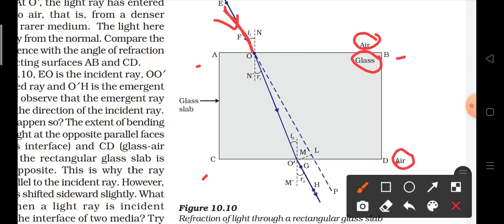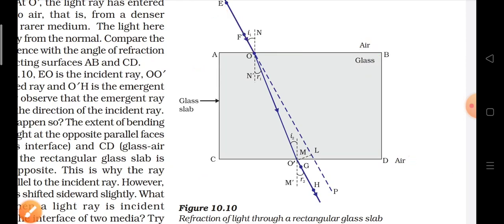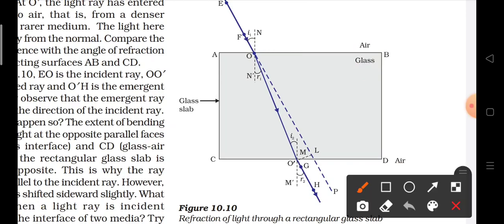For the light ray coming from the air and entering the glass, we should remember that we first draw the normal at the point where the incident ray strikes the surface of the glass slab, that is the interface of the two media.